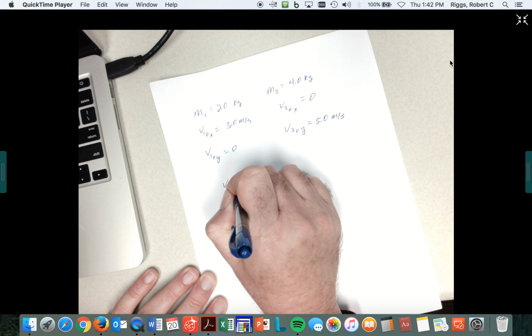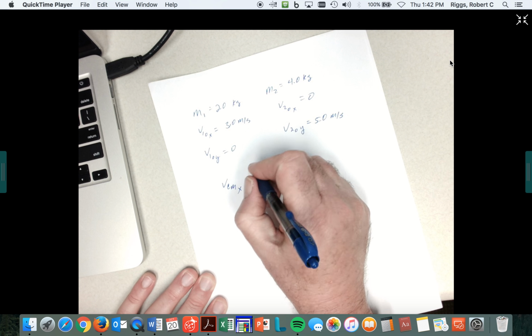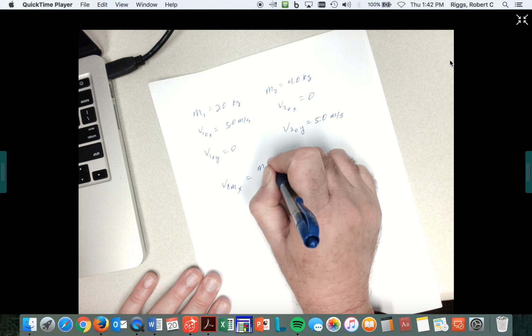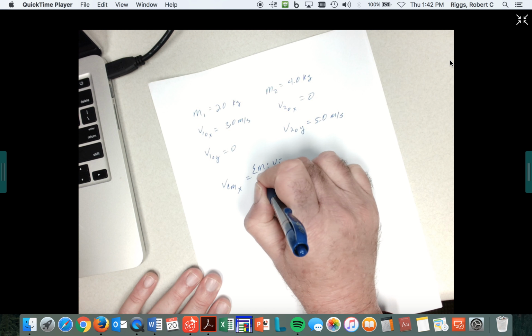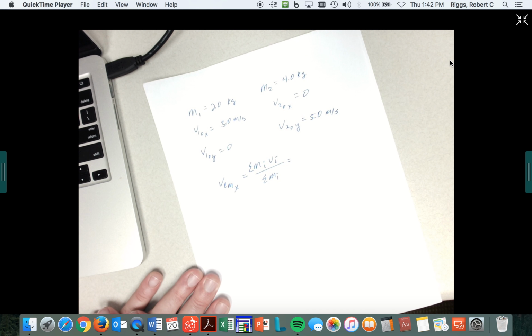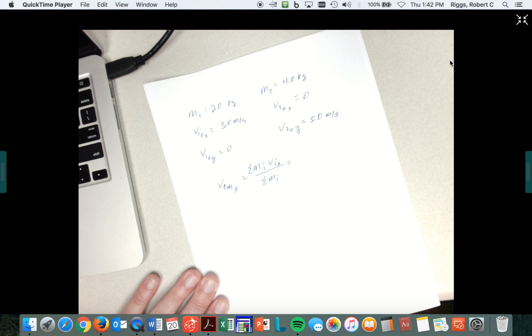What we do is we just look at the velocity of the center of mass in the x direction. And this is how you calculate the center of mass. I'll write out the formula. It'd be the sum of m_i times v_naught_i, divided by the sum of the masses. This is all in the x direction. Masses don't have a direction.